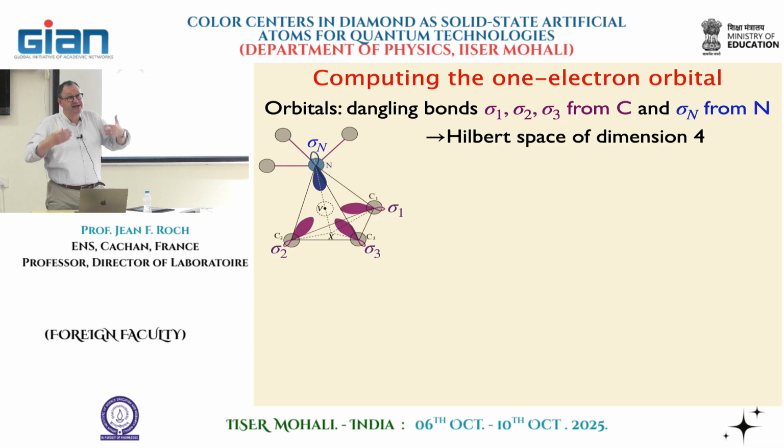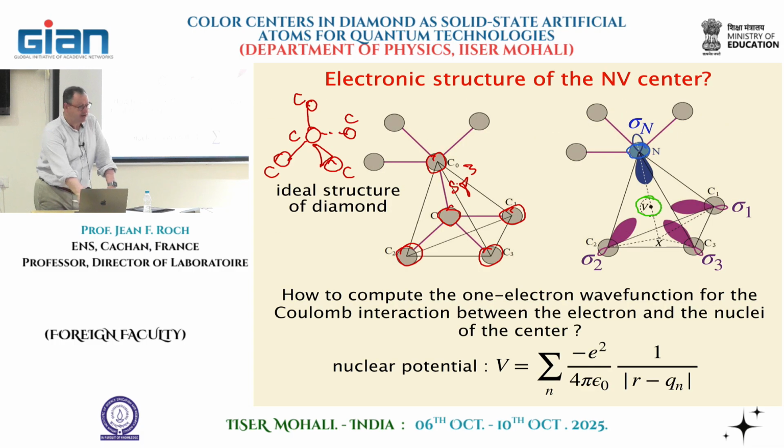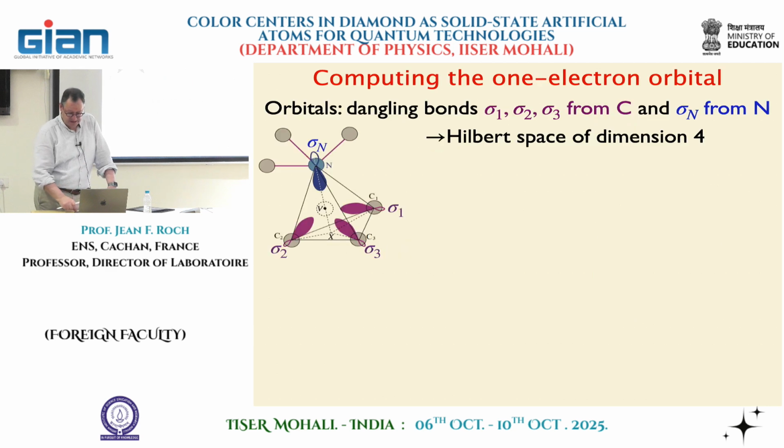I will use combinations of that, and that will be the basis of my system, and then I compute this potential within this basis. Exactly the approach that is followed for molecular physics.